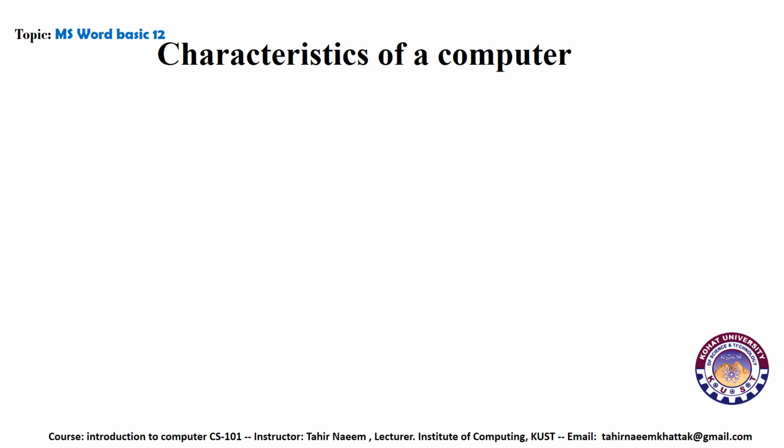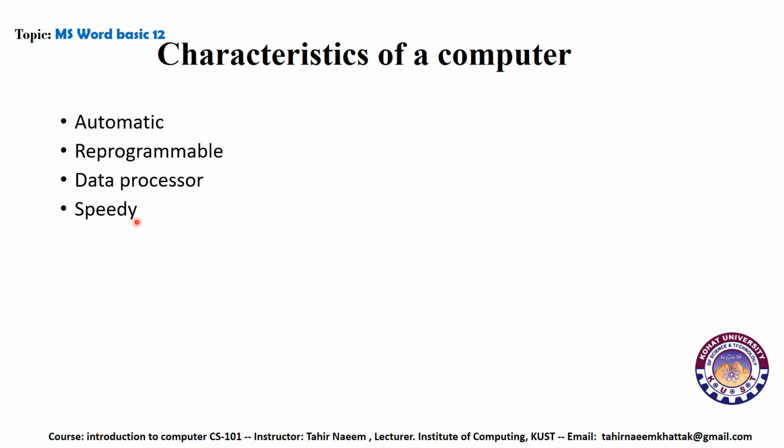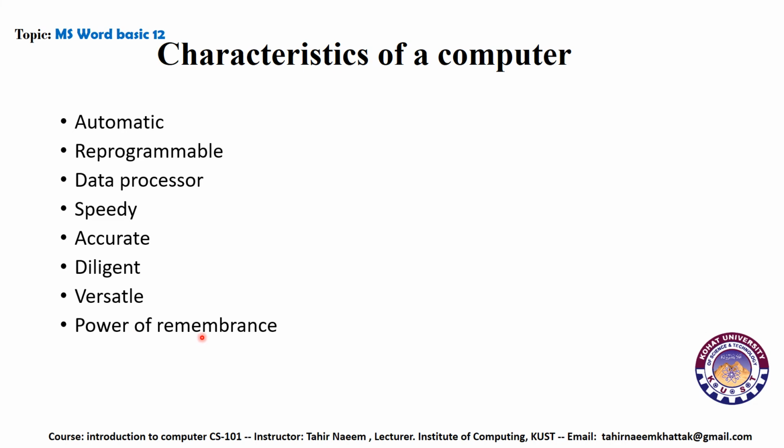Characteristics of computer. There are some characteristics which are unique to computer. First of all, let's discuss: it's automatic, reprogrammable, data processor, speedy, accurate, diligent, versatile, power of remembrance, no IQ, and no feeling.